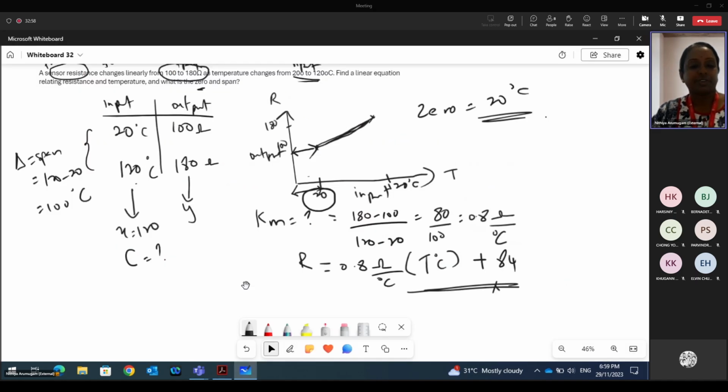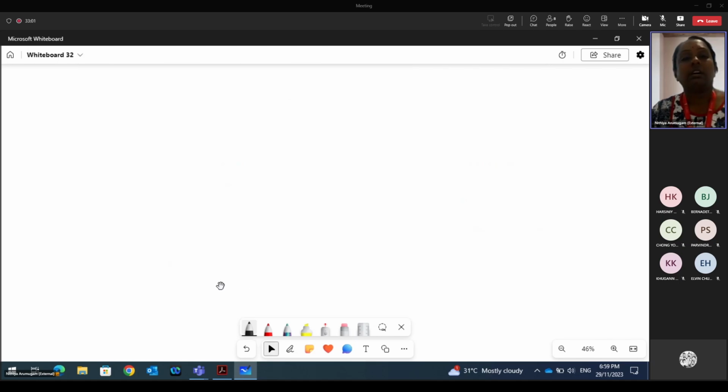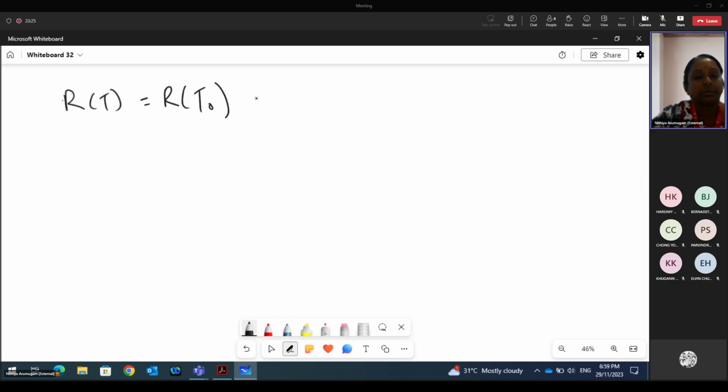For this type of question, we cannot use the linear relationship that is provided here, because it is not about the transmitter, it is about the detector. If you remember, we have the RTD equation: R at temperature T equals R at T naught times 1 plus the coefficient times the temperature difference.